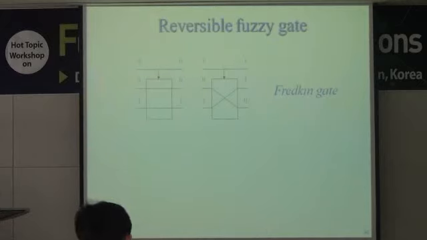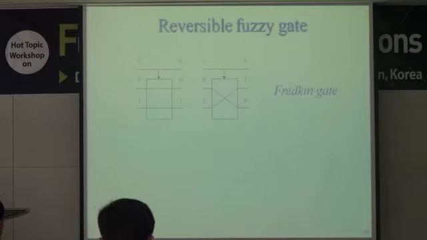I have mentioned that today there is a hope that reversible computing will overcome the thermodynamical limit, because the principle of reversible computing is that the function will not decrease the entropy.